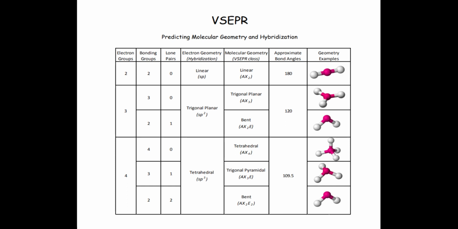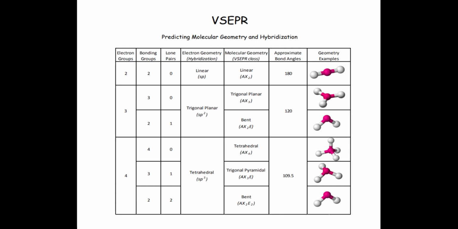Because there are 0 lone pairs, the electron group geometry is the same as the molecular geometry. The molecular geometry only looks at the bonded atoms, the shape of the molecule, how the atoms themselves are arranged. Because there are no lone pairs, these are going to be the same. And so you have this nice picture here for the linear shape.